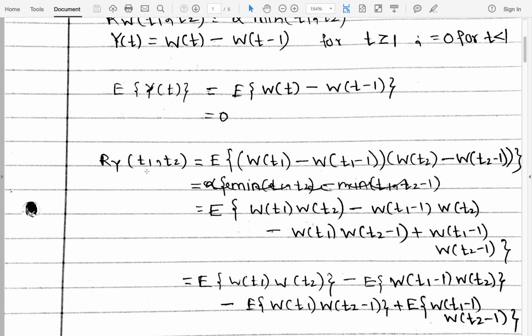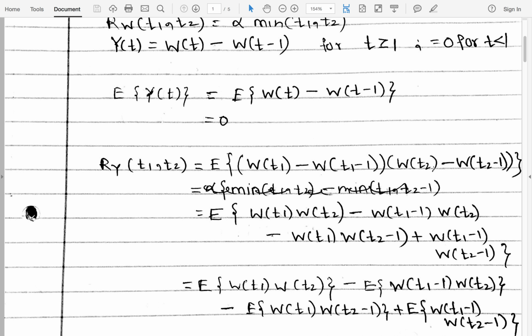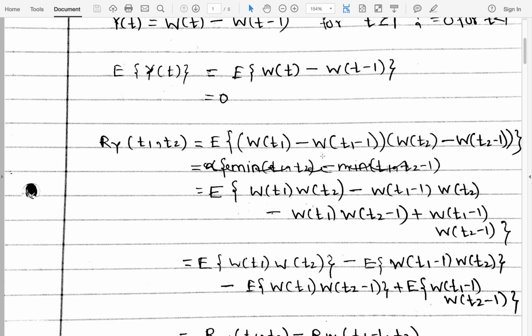Now we will find the autocorrelation function for Y, that is R_Y(t1, t2). This will be E[Yt1 times Yt2]. Yt1 from here is Wt1 minus Wt1-1, and Yt2 will be Wt2 minus Wt2-1.